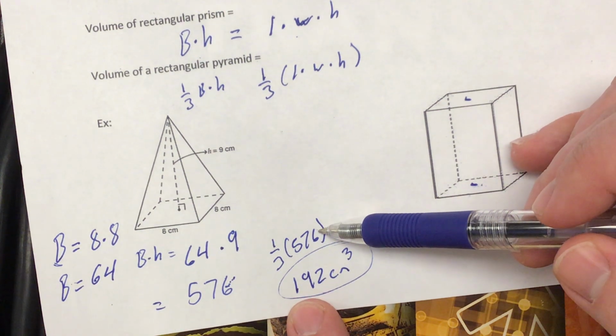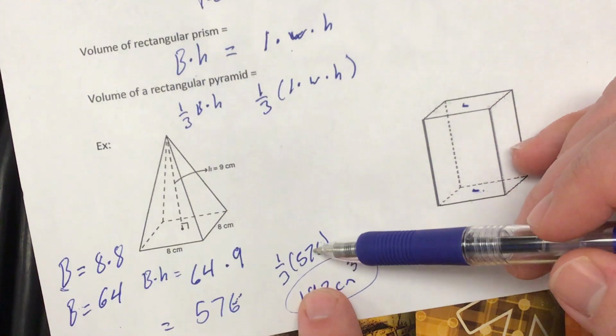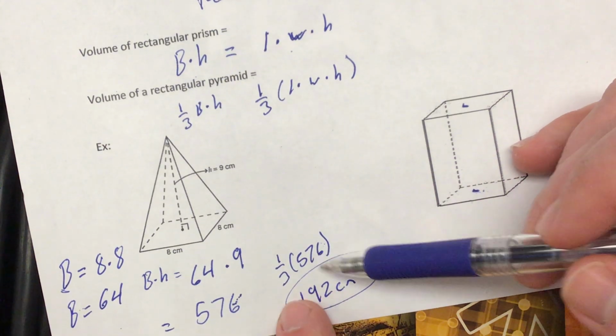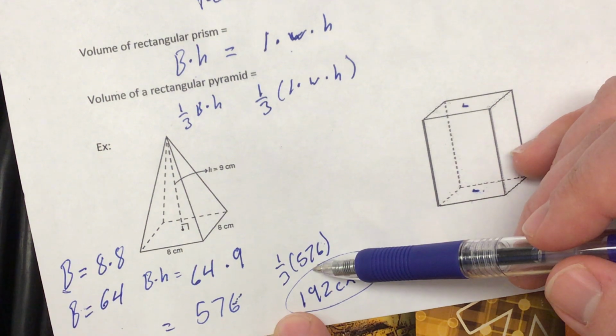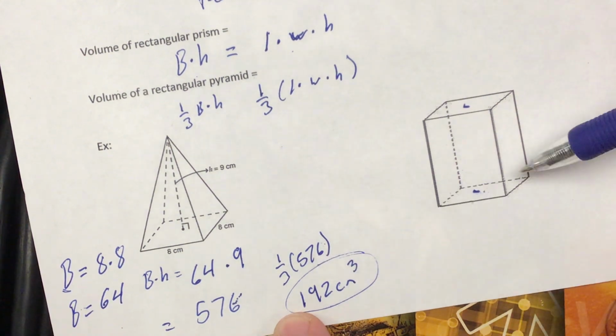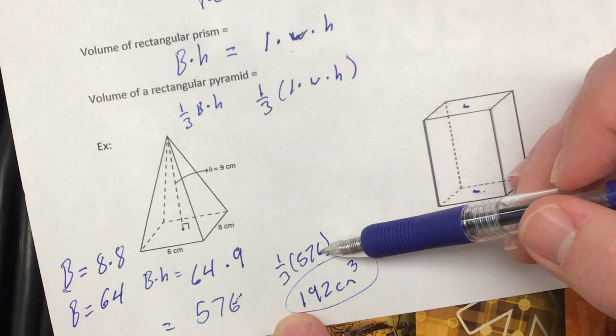Remember we said the volume of a pyramid is 1/3 the volume of a prism with the same base and the same height. We took this times 1/3 to get our pyramid, so this is just our answer for our prism, because we took the base times the height to get this.